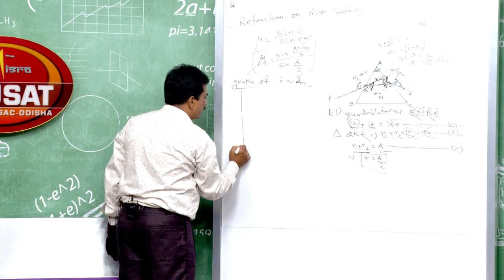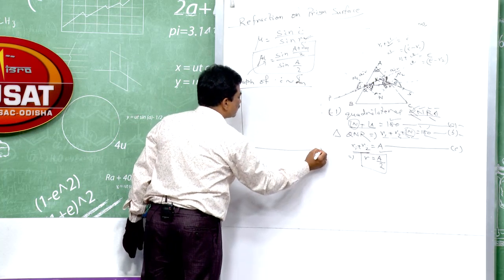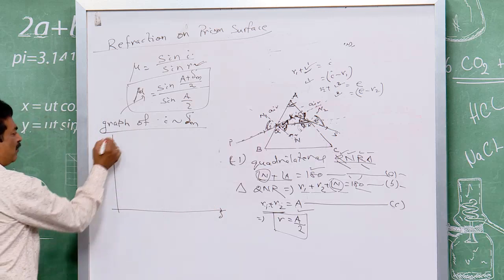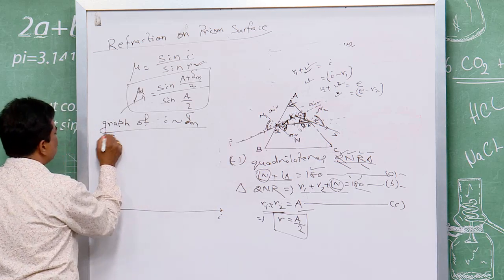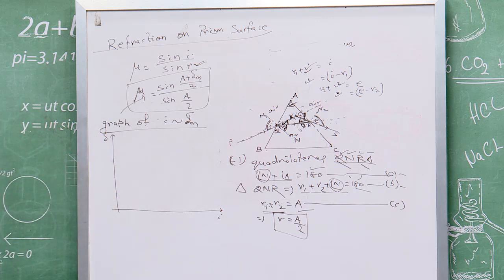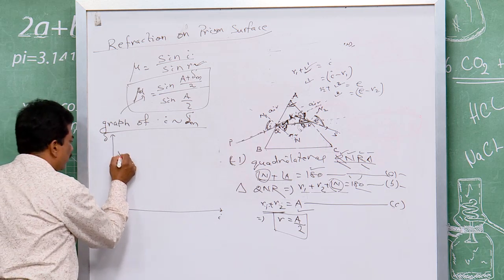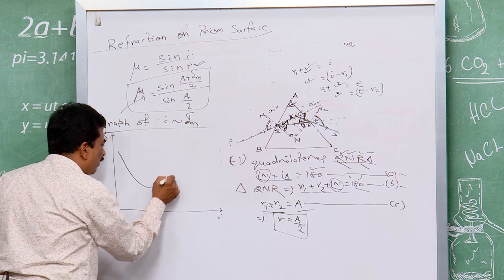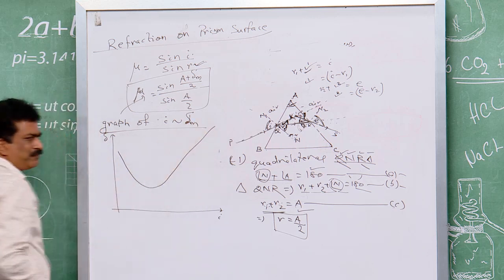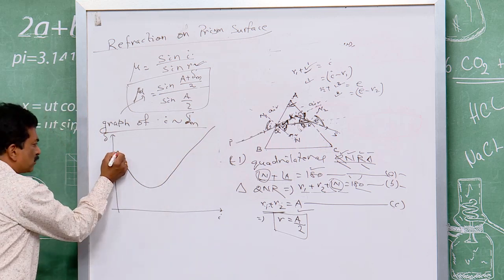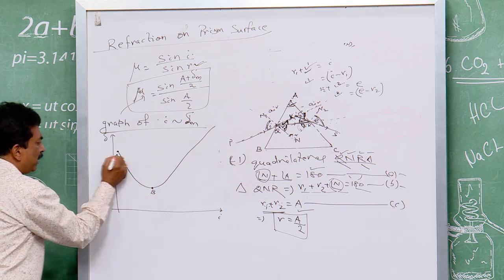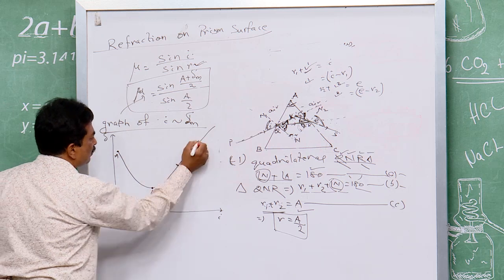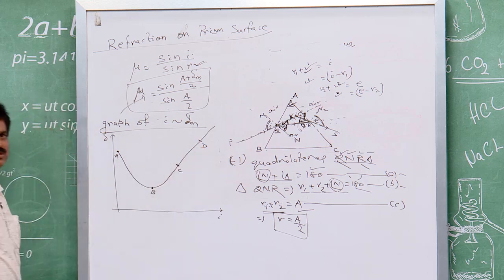Suppose this is the incidence angle, and this is the angle of deviation. As we know from the practical, the graphical form will be like this. Suppose this is the point A, I am taking this as point B, suppose this point is C, and this point is D.